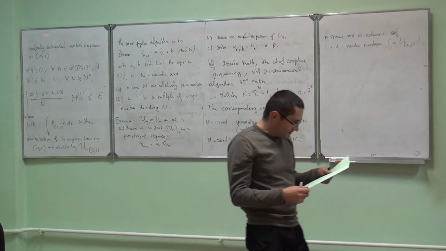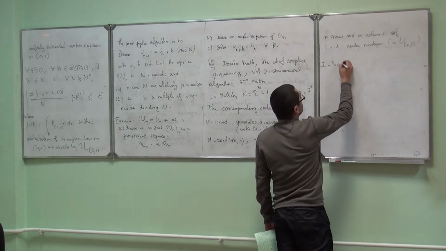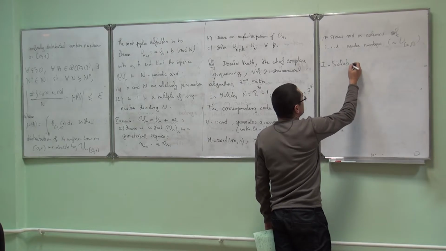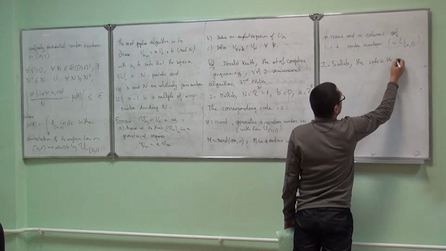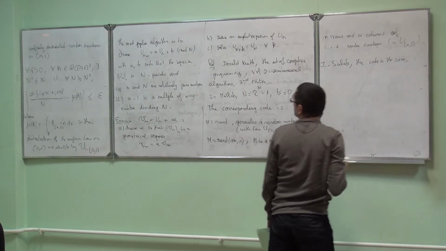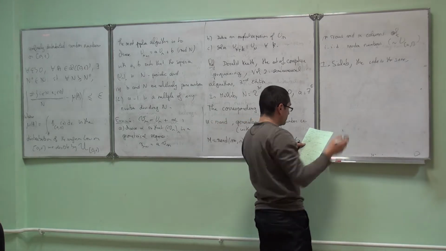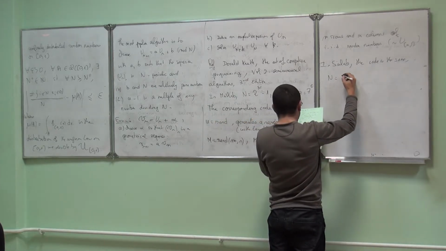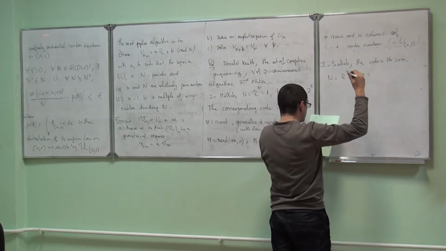Okay? So in Scilab, actually, the code is the same, just the constants change. Just for example, we have capital N equals 2 power 31, and A is more sophisticated.